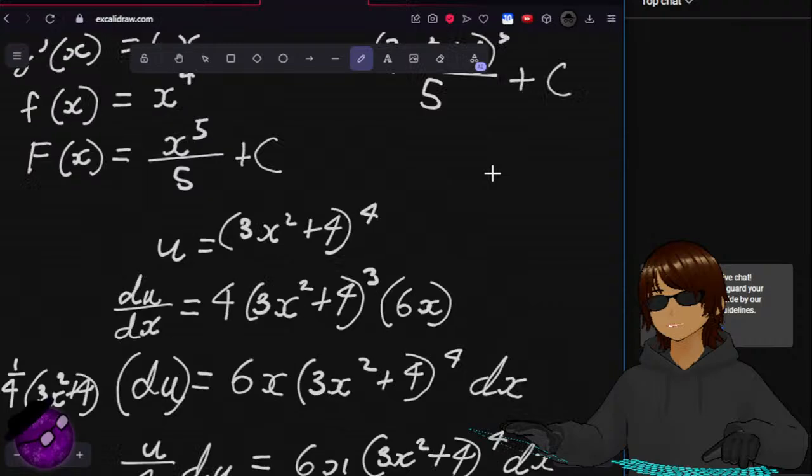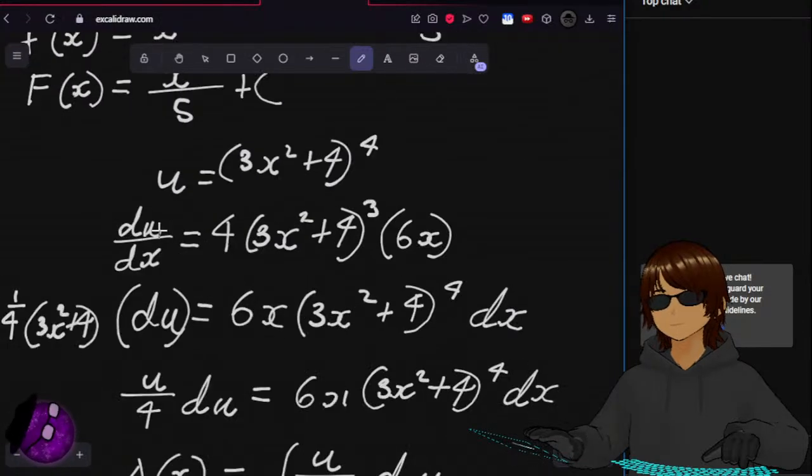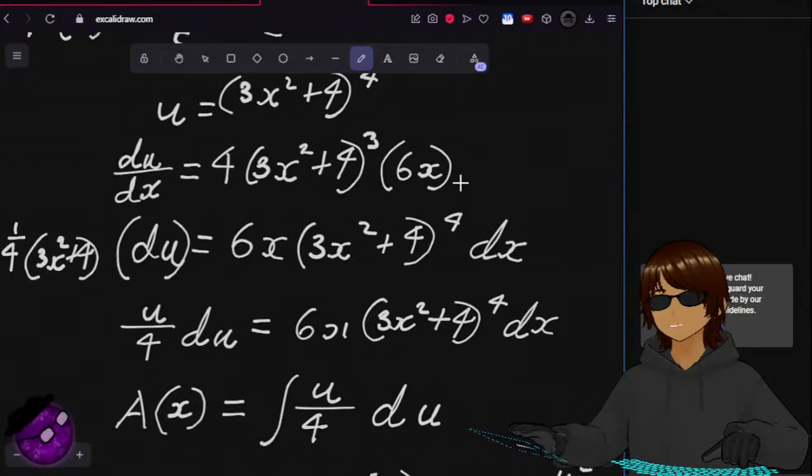Unless I'm missing something. Derivative of the outside times the derivative of the inside. So dx on the other side, 4 on this side. I think. Wait.